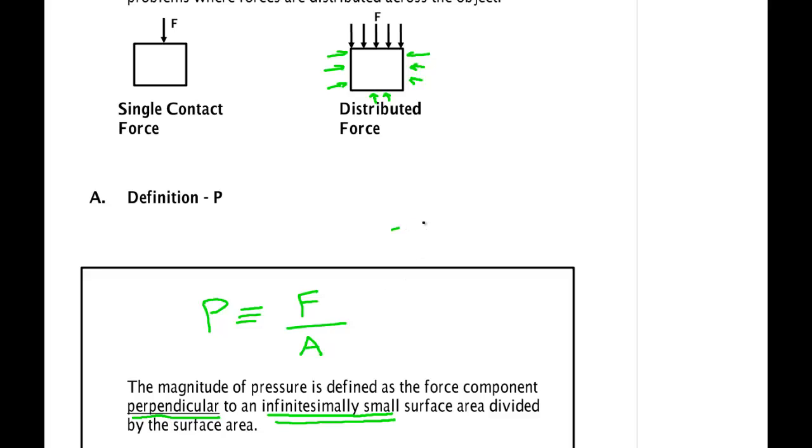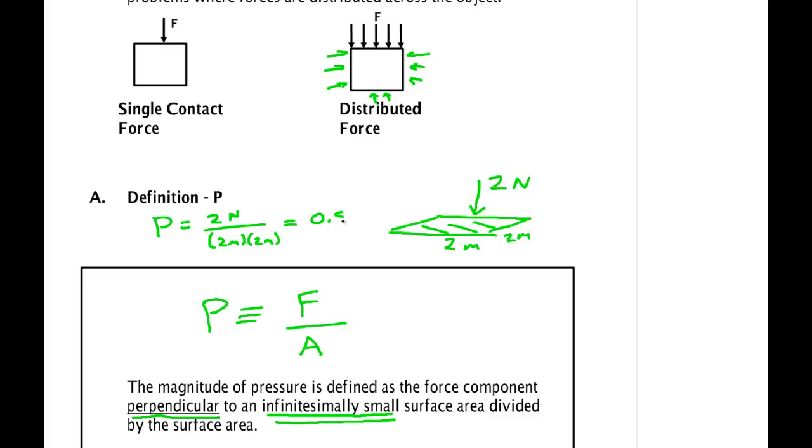So if you had, for instance, a 2 meter by 2 meter surface here, and if I applied a force of 2 newtons, then the pressure would be 2 newtons divided by 2 meters times 2 meters, which would be 0.5 newton per meter squared.